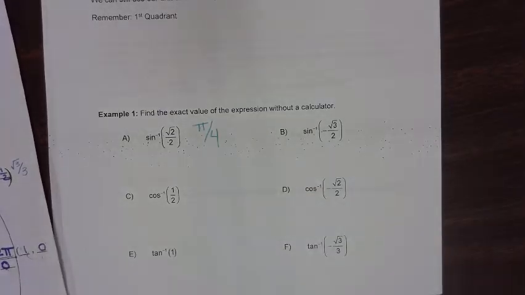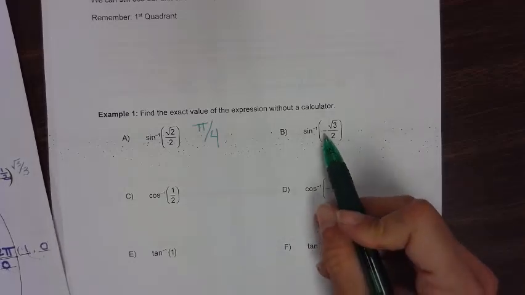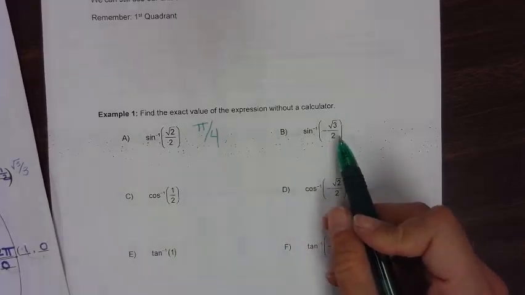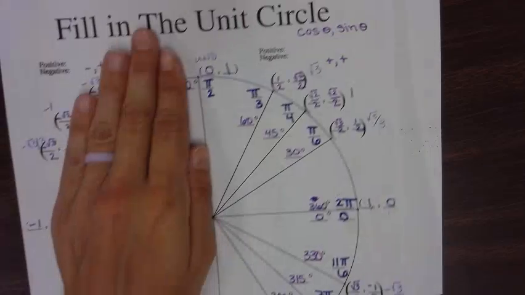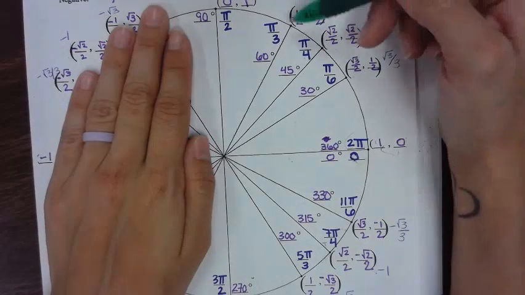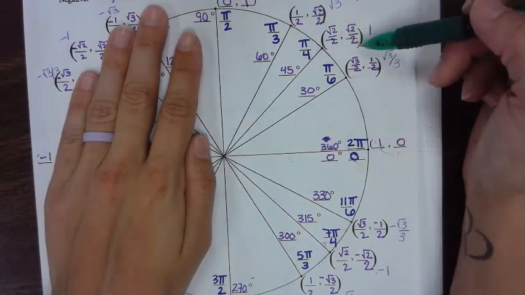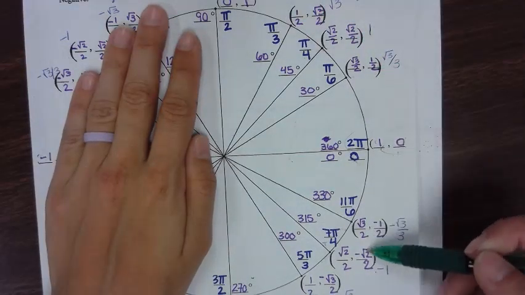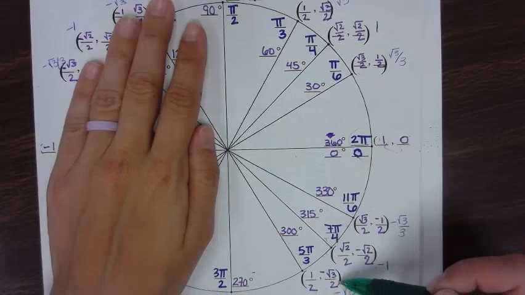B. We have sine again, so cover up that left side. And when we're looking for a negative square root of 3 over 2, cover up the left side, look for a negative square root of 3 over 2. Right there.